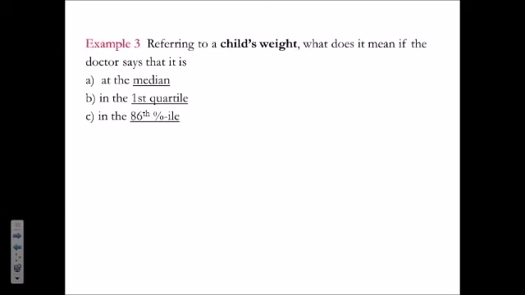Referring to your child's weight, what does it mean if the doctor says that it's at the median? If you took the weights of all children of your child's age, say, and ranked them from high down to low, the median would be in the center. So your child would be normal or average weight.